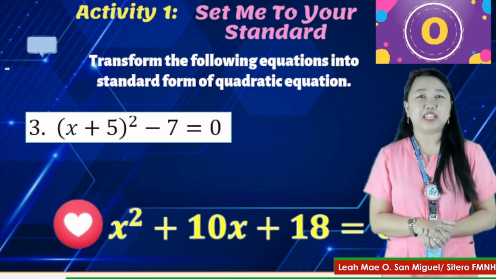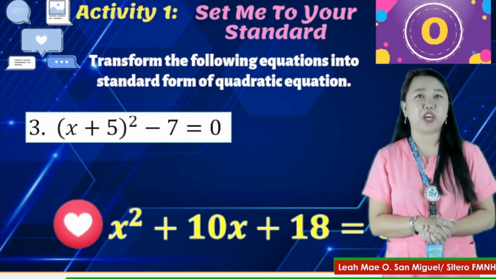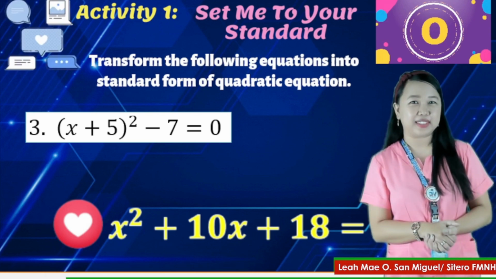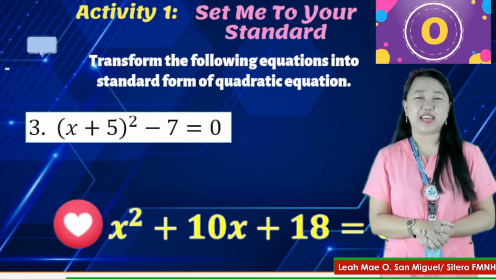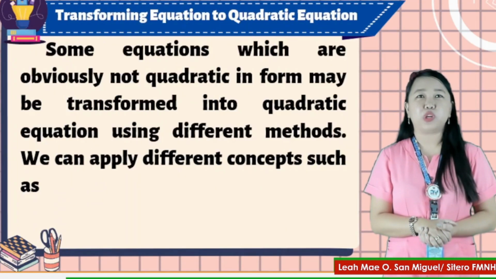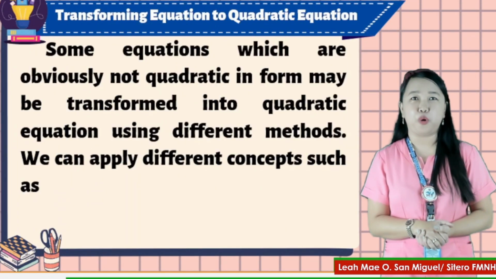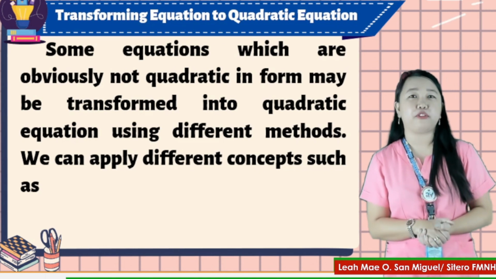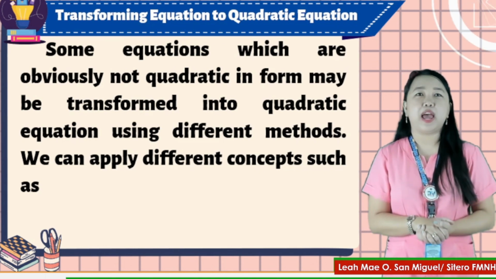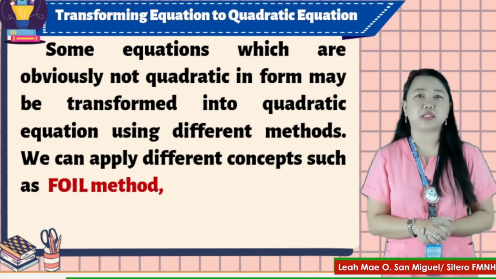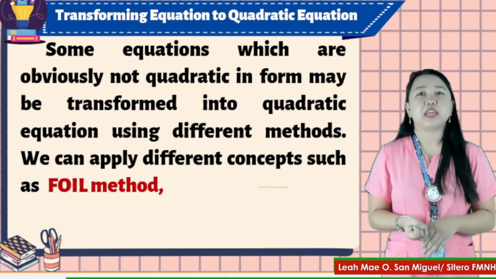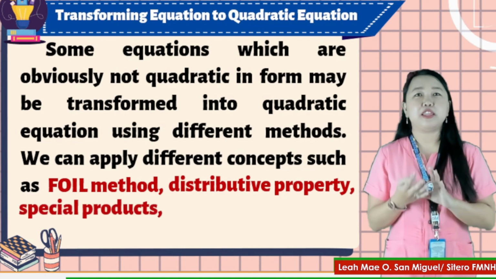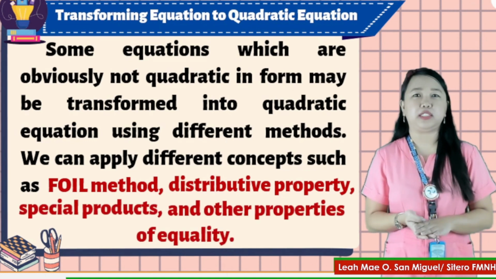Perfect! Did you find it easy transforming equations into standard form of quadratic equation? Excellent! Some equations, which are obviously not quadratic in form, may be transformed into quadratic equation using different methods. We can apply different concepts such as FOIL method, distributive property, special products, and other properties of equality.